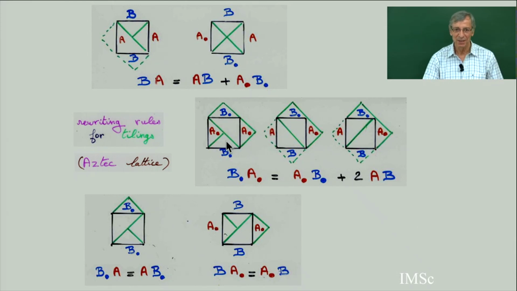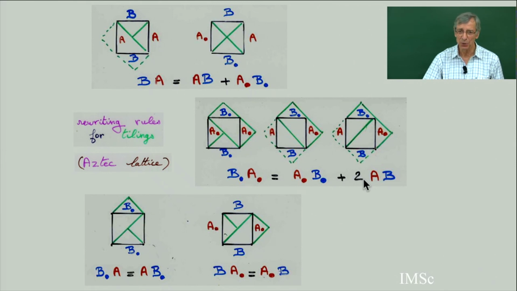If I have this case, B dot A dot gives me A dot B dot, like this term. So this is interesting because if I have B dot A dot, it gives me this first configuration. I just commute A dot and B dot. But there are two other configurations here. B dot A dot can give AB in two different ways.